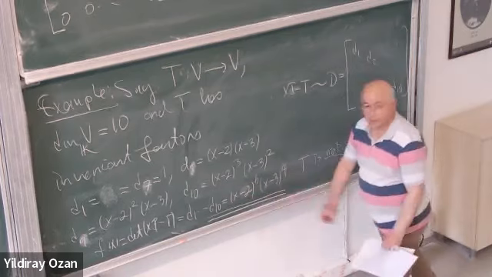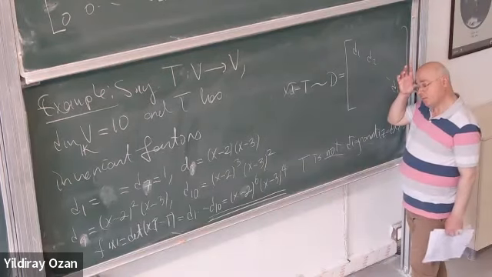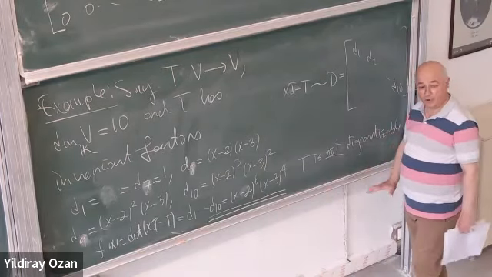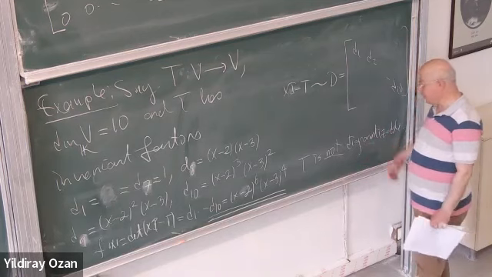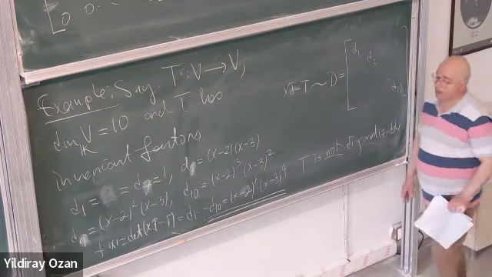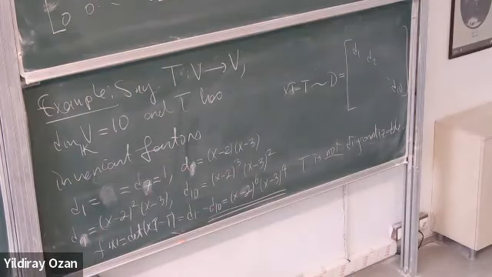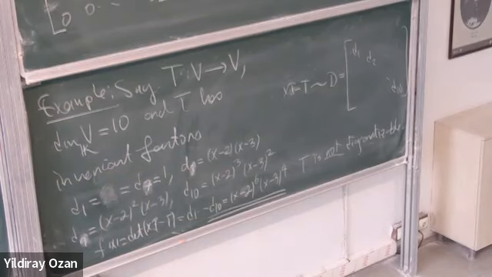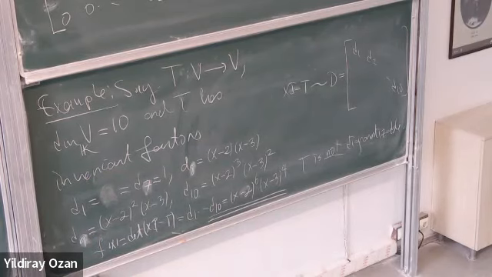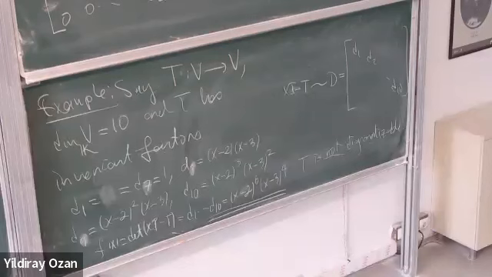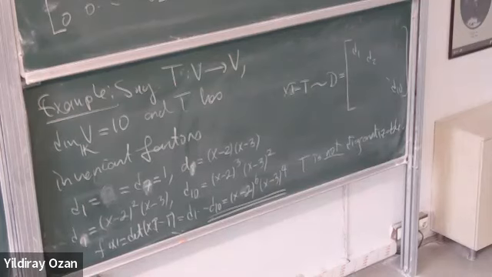If this was a product of distinct linear terms, then it would be diagonalizable, but it is not. Now, what is the Jordan form? So what is the Jordan form?